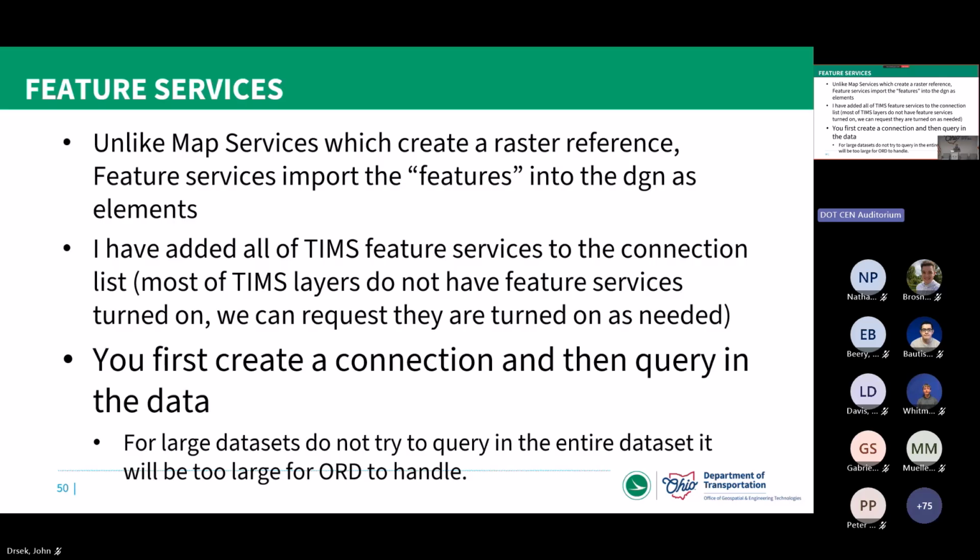I've also gone through and added all the TIMS feature services to the connections. I do want to note though, right now our TIMS is primarily set up for the raster services. There's not many layers that have the feature services turned on. And that is just an additional setting on the server.